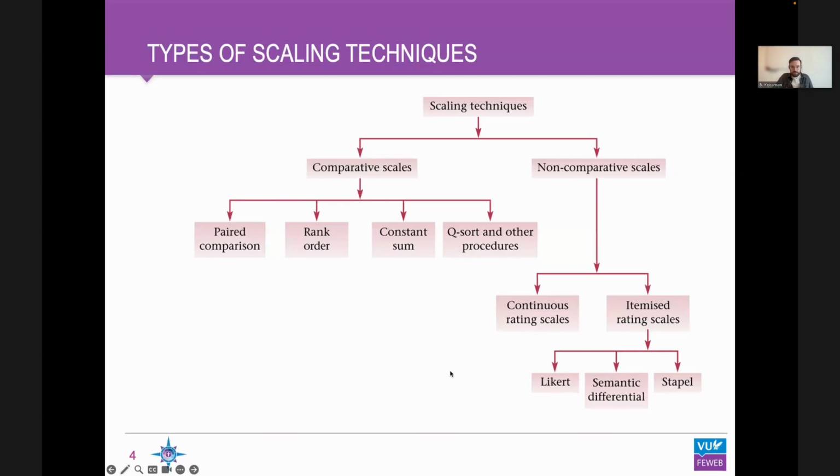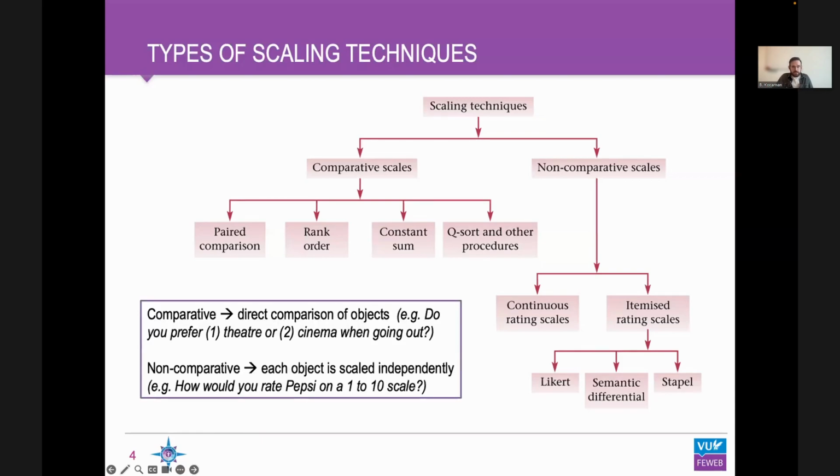The comparative scales are scaling techniques in which there is a direct comparison of stimulus objects with each other. For instance, you might ask respondents whether they prefer Coke or Pepsi, so you provide two objects for them to compare. In non-comparative scales, each object or each question is scaled independently of the others in a set of questions.